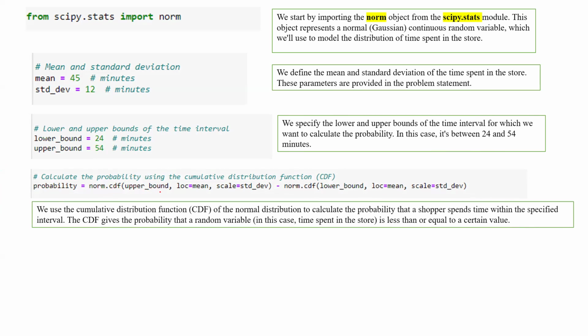The upper bound comes first, then you have the mean located at the center with scale, which is your standard deviation, minus the area to the left-hand side of the lower bound, which is norm.cdf, the lower bound, and then mean and standard deviation, which is the scale. Basically, you're finding the area between the left-hand side of the upper bound and the left-hand side of the lower bound.